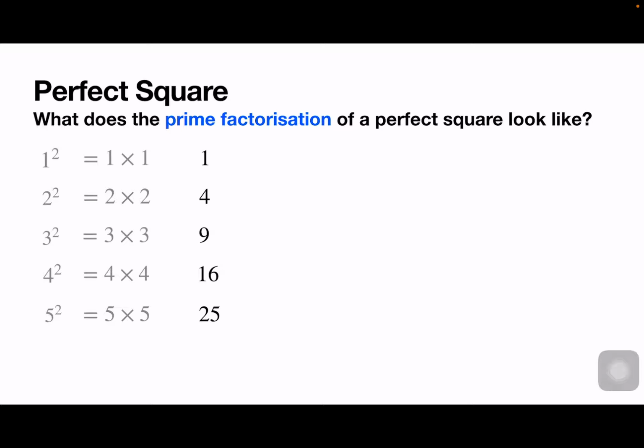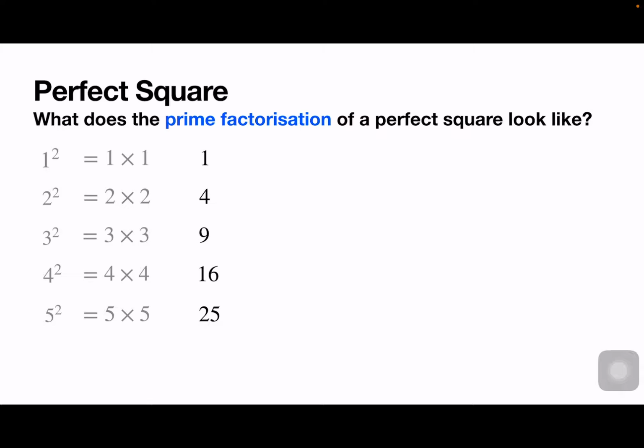We know that prime factorization means to express a number as a product of its prime factors. Take note, prime factors means each of these factors must be a prime number. So let's go. How will 1 be expressed as a product of its prime factors?